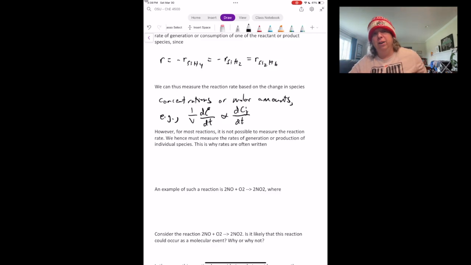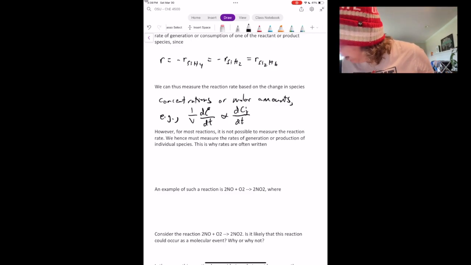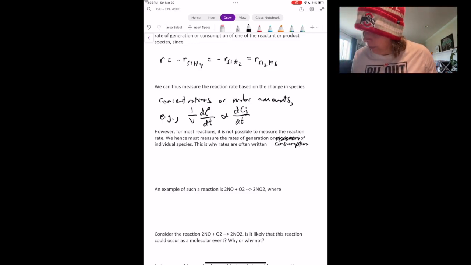This is why, when we see rates, they're often written in terms of specific reactant or product species. So I think here I need to delete that and say this should be consumption. And we often write rates in terms of specific reactant or product species.